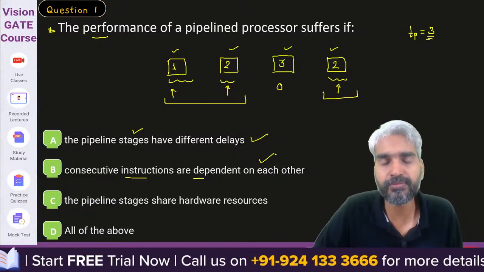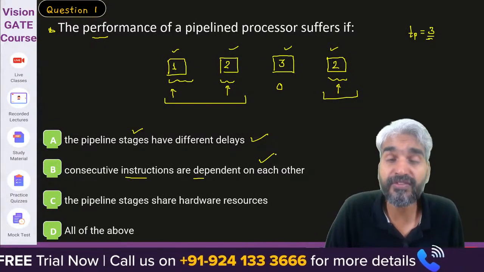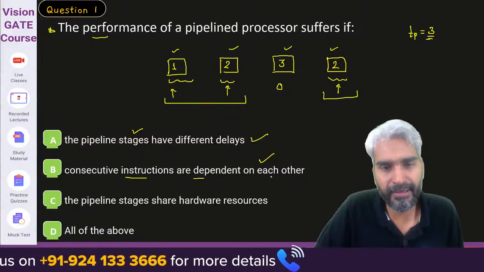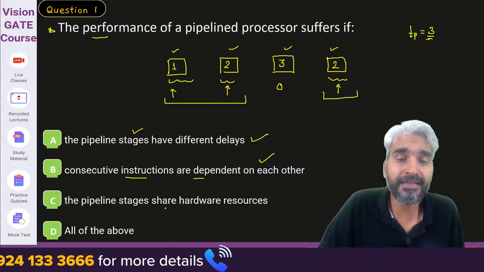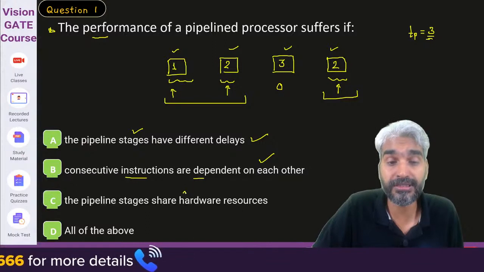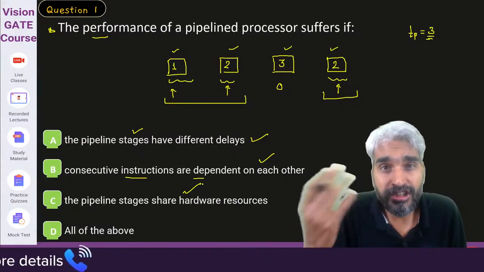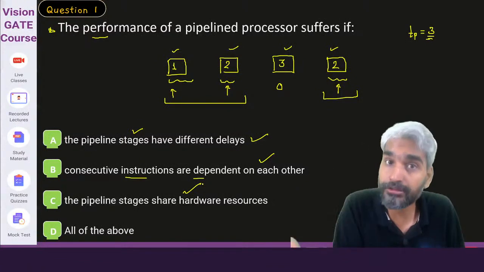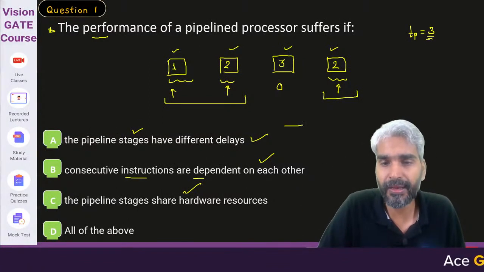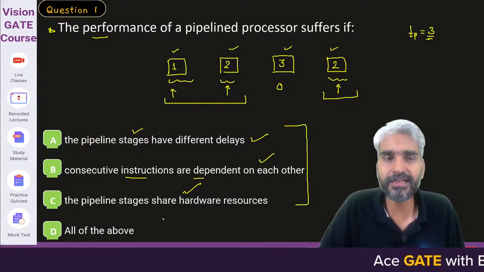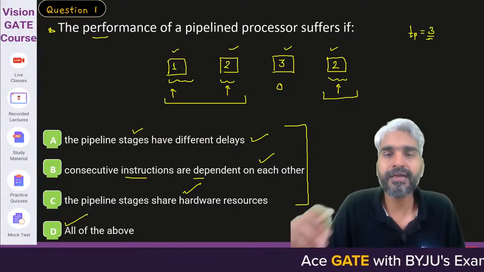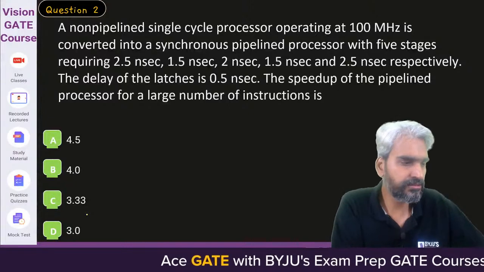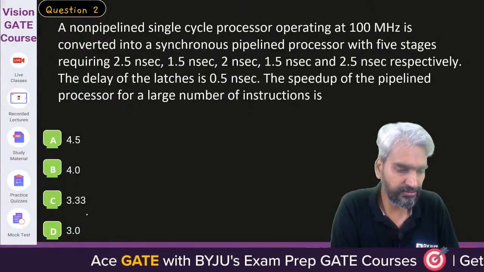Yes, it will correspond to data hazards, and because of data hazards there will be stall cycles present in the pipeline. That is again wastage. If the pipeline stages share hardware resources, it will be known as structural dependency or resource conflict. If the resource conflict exists, then also these stalls will be present in the pipeline. So all three correspond to degradation of performance. Clear? Let's understand the next question.